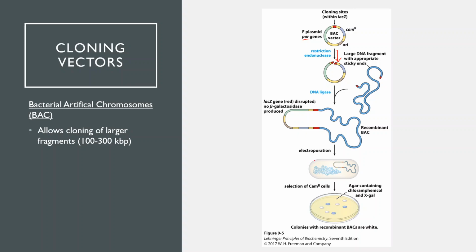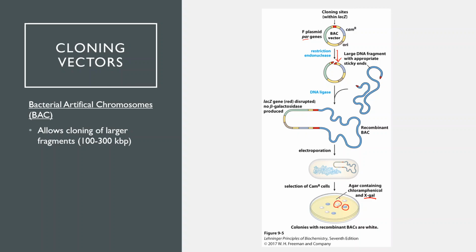And then they also have these selection genes, so either antibiotic resistance genes, or in this case, they're using this gene called LAC-Z. Now, LAC-Z is not antibiotic resistance. Instead, these are genes that code for an enzyme that will let you visualize the cells. So basically, using this substrate called XGAL, any cells that carry that LAC-Z gene will turn blue, whereas those that don't will turn white.